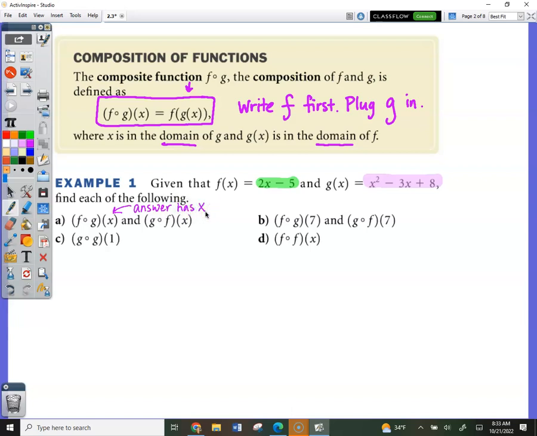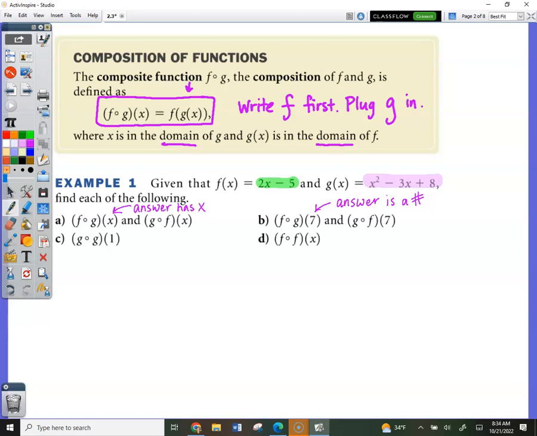I'm trying to think of what's the shortest thing to write here. But it means that when you're done with the problem and you're looking at your answer, you should see x's in it. You never plugged numbers in. Now here, what does this mean? This means the answer is a number. Because they're saying plug 7 in, right? So the answer is a number. It is not going to be just x. We are plugging 7 in.